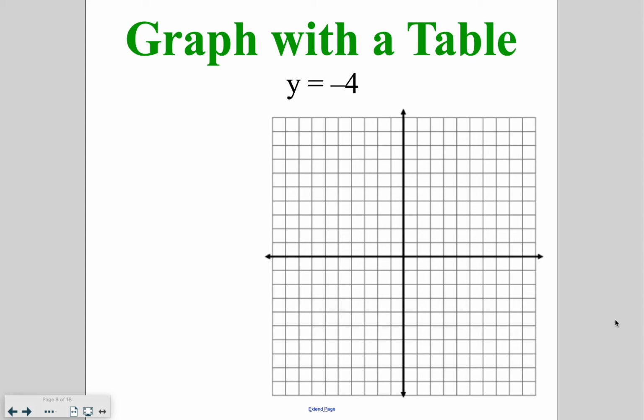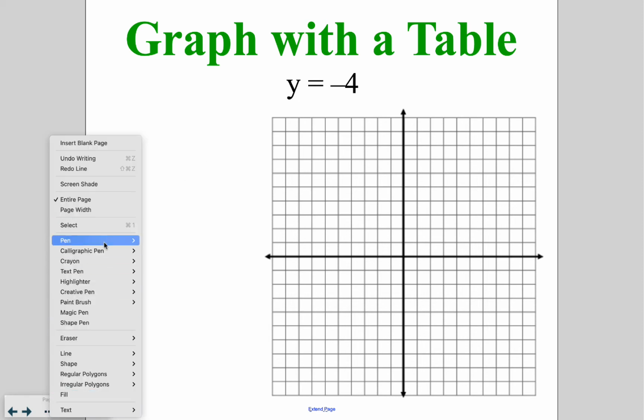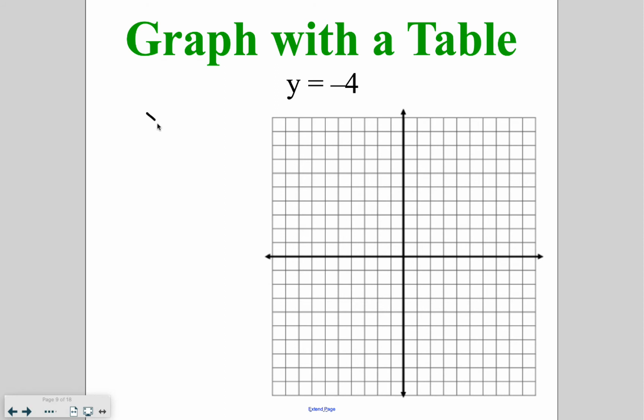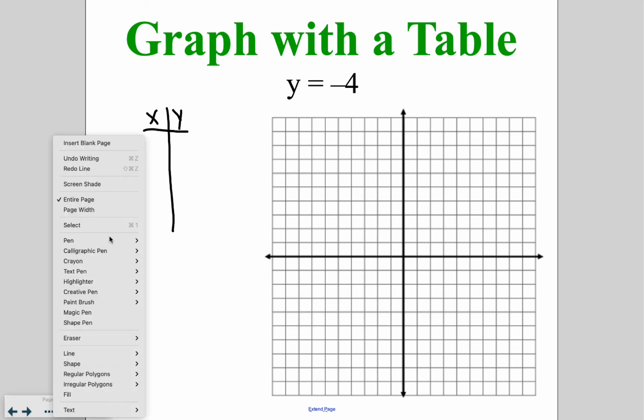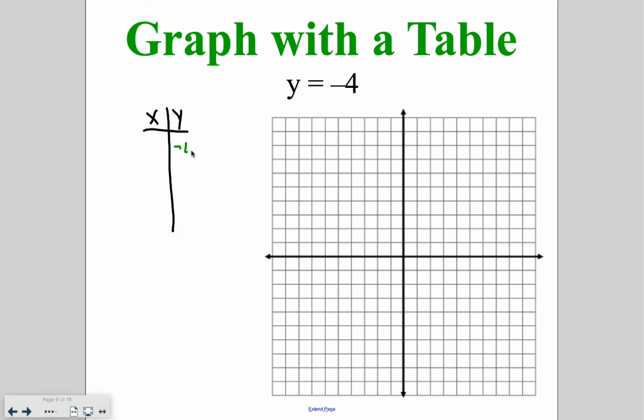Last piece with our table, you'll notice sometimes our equations only have one variable. When that happens, we still, when we make our table, start with x and y. This one tells us that y is equal to -4. So that means that no matter what we pick for x, our y points are going to be -4.